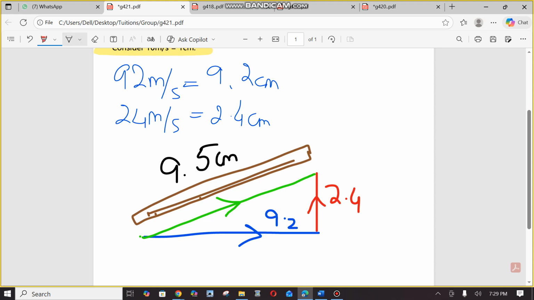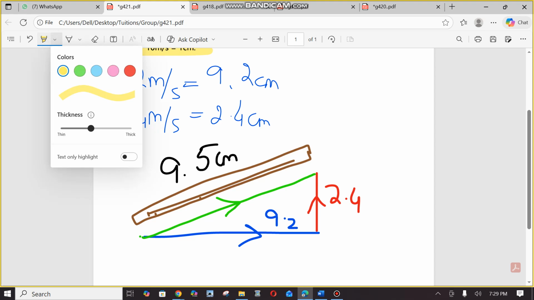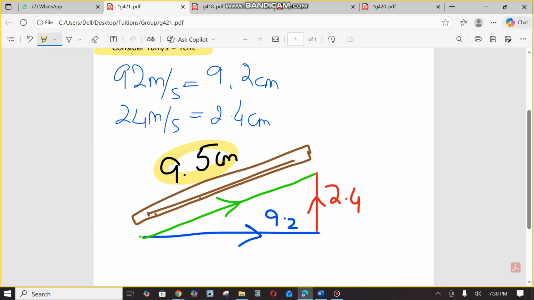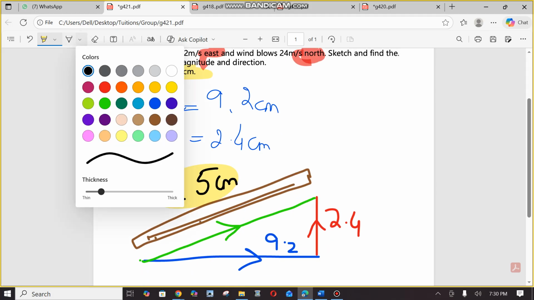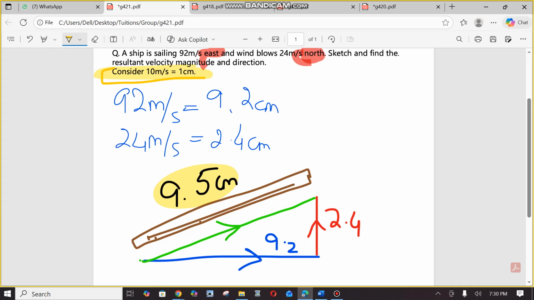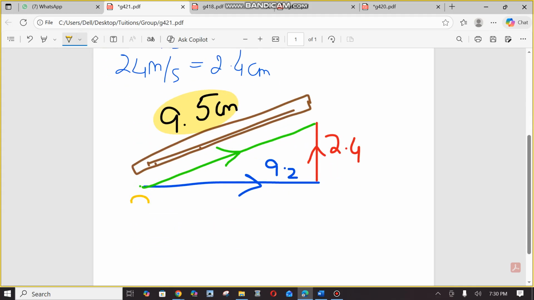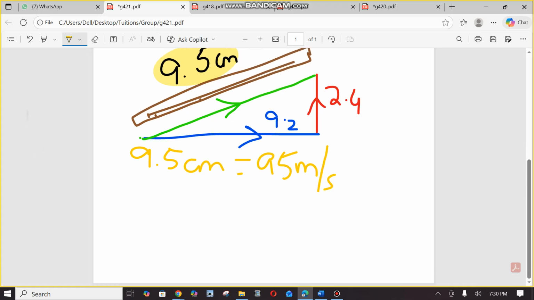This is going to be my resultant velocity magnitude, but it is in centimeters, so I have to convert it back. Because it is already given in the question that 1 centimeter is 10 meter per second, 9.5 centimeter will be 95 meter per second. So the magnitude of my velocity, magnitude meaning the number, the amount, the quantity, is going to be 95 meter per second.